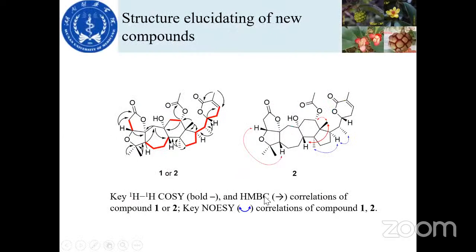This is the summary of the COSY and HMBC correlations of compounds 1 and 2. From the results, we found that compound 2 is a carbon 5 epimer of compound 1, because we can see the ROESY correlation from this carbon 1 to carbon 5.